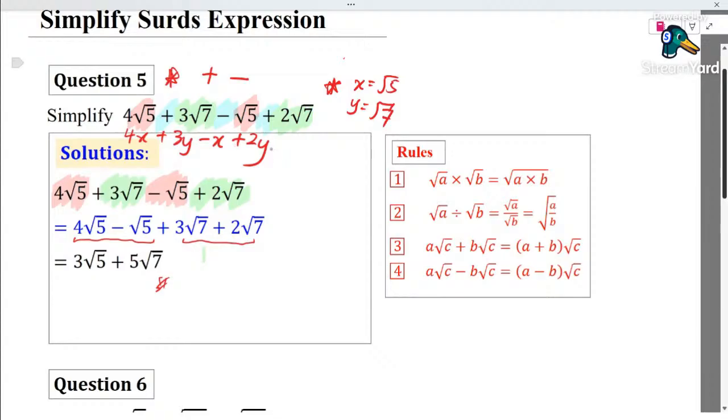By right, you will see the logic of how I get the answer. 4x minus x is 3x. 3y plus 2y is 5y. What are x and y? Square root of 5, square root of 7. That is the answer. We try to visualize by substitution. But in your calculation, don't do substitution because it's very annoying. Even for a simple question, if you put a lot of substitution there, it makes it look complicated. Okay.